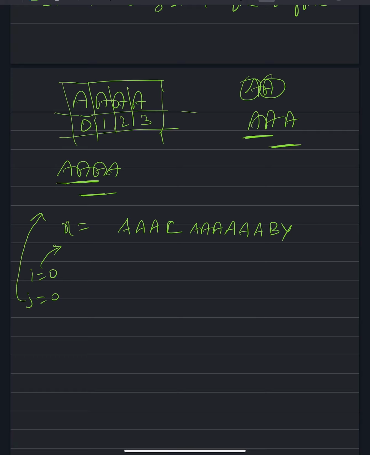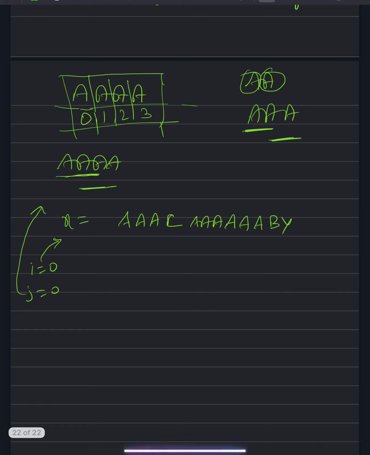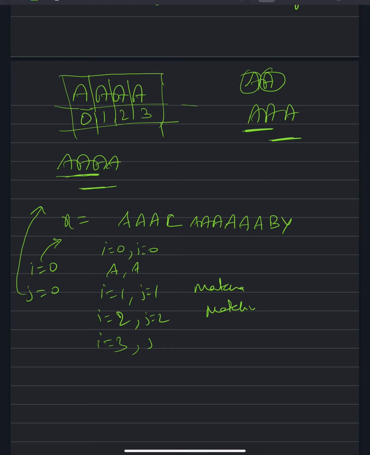When i equal to 0 and j equal to 0, A is matching, so we increase i equal to 1, j equal to 1. Again it matches, so we increase i equal to 2, j equal to 2, which is also matching. Now i equal to 3 and j equal to 3 is not matching.